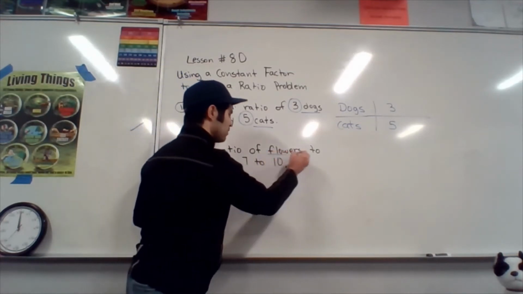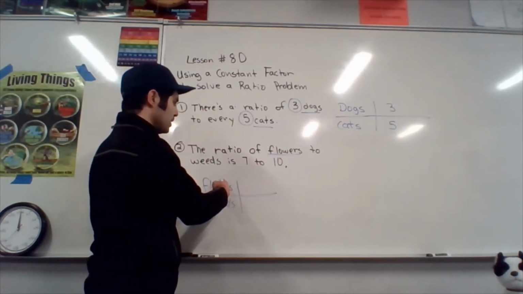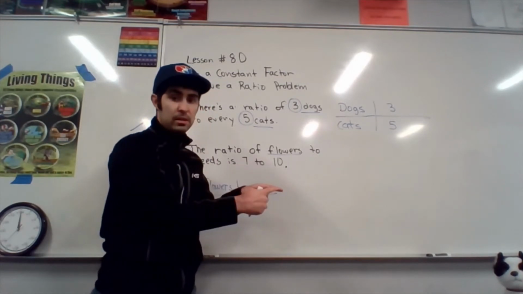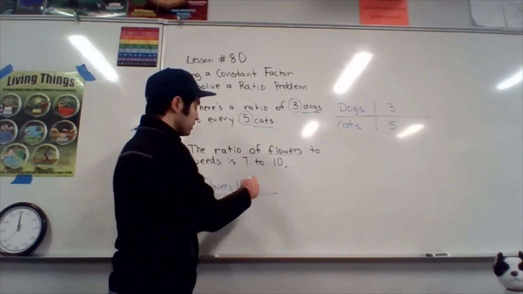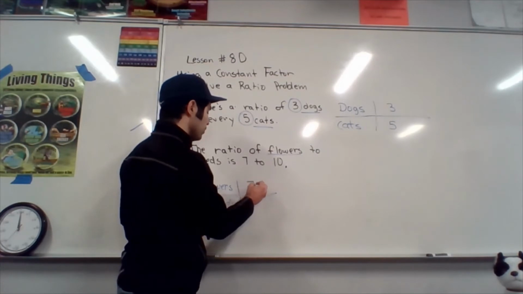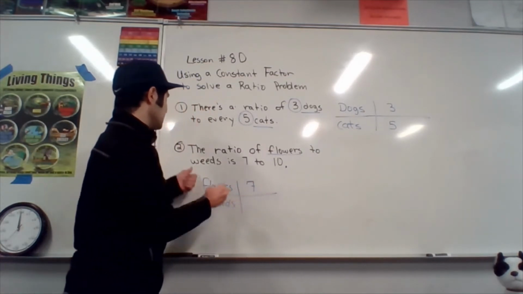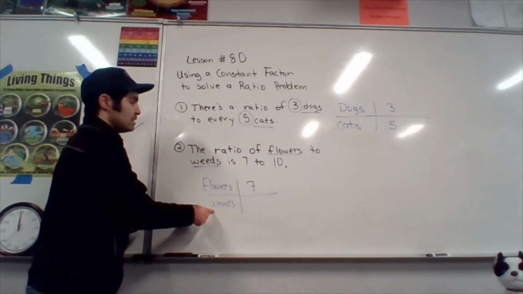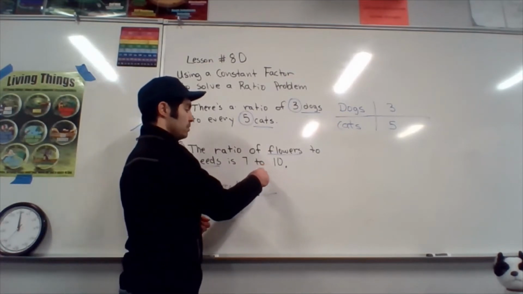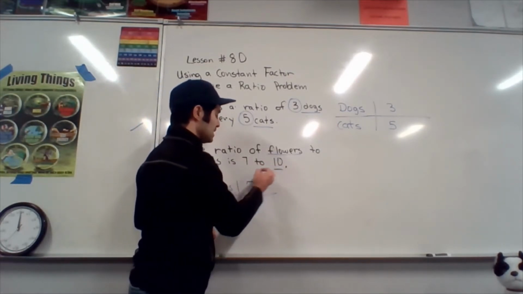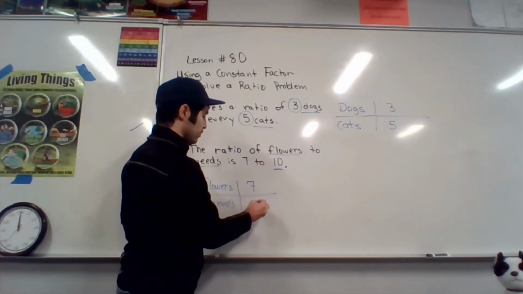Well, since flowers came first, it goes on top. Which number of 7 and 10 comes first? Of course, that is 7. So that also goes on top. Since weeds comes second, what number between 7 and 10 comes second? Well, that would be 10. 10 comes second, so that'll go there.